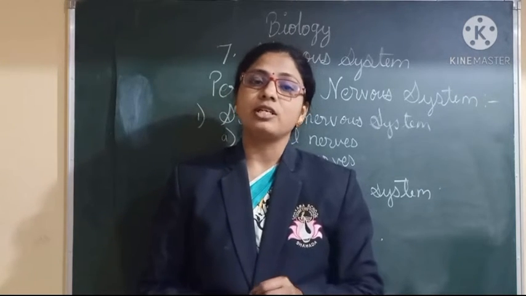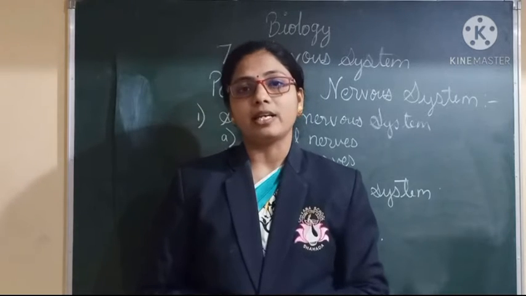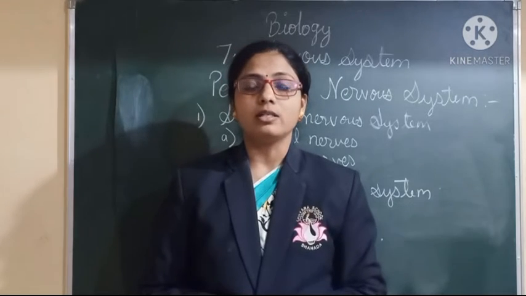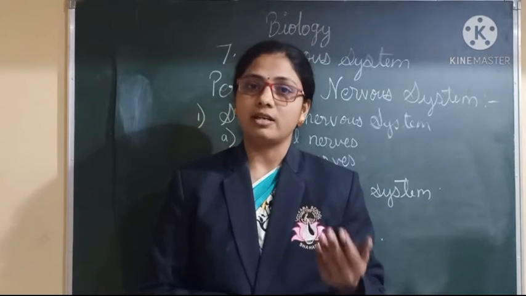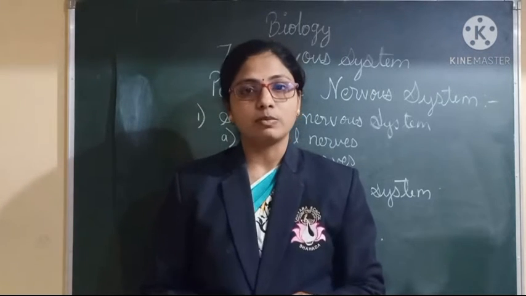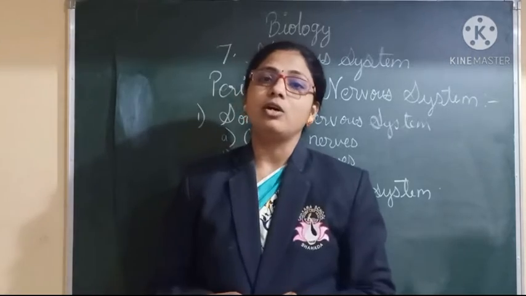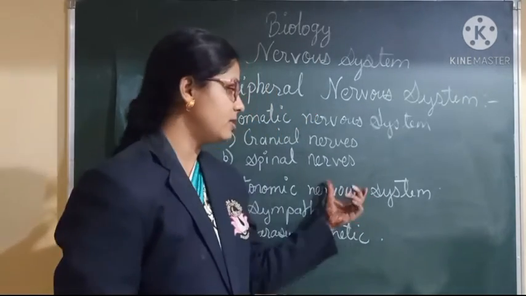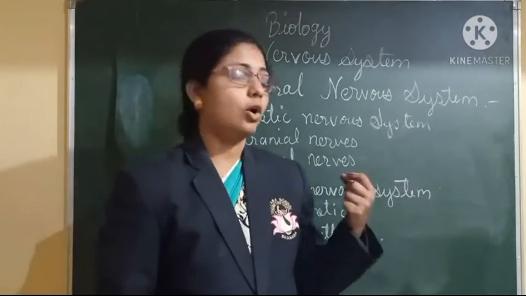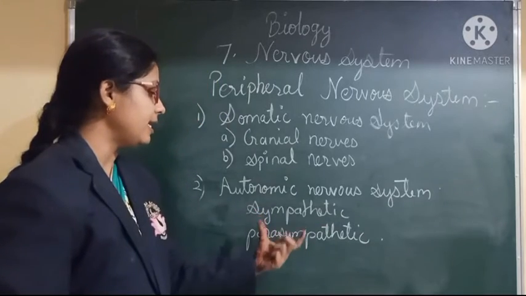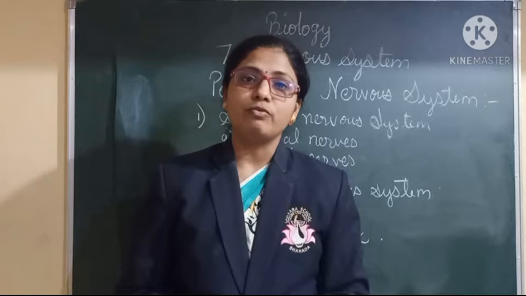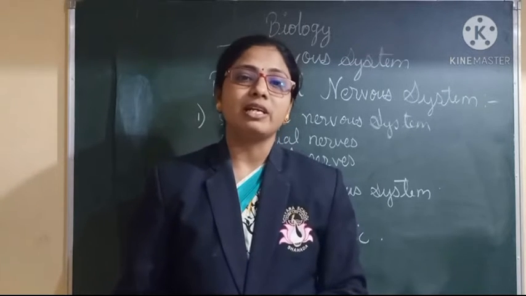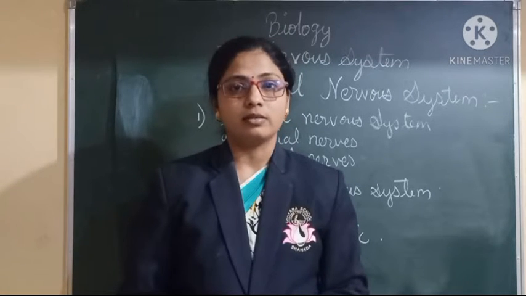Its main function is to control the involuntary activities of the organs, the organs which work involuntarily. For that it is responsible. And mainly the autonomic nervous system works on the basis of the sympathetic and parasympathetic systems. So let us have a look at what the sympathetic and parasympathetic nervous systems are.